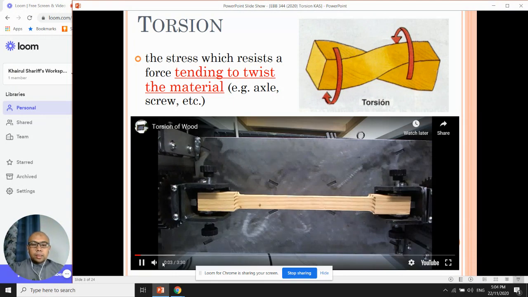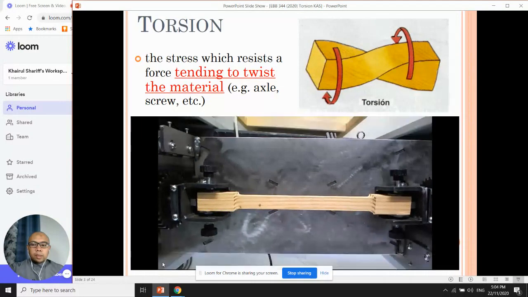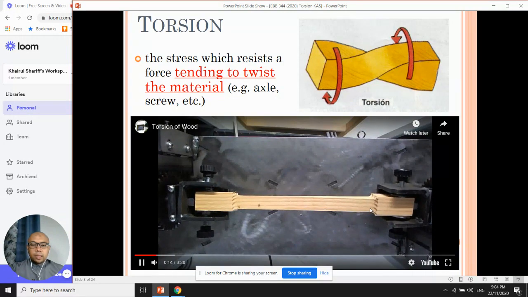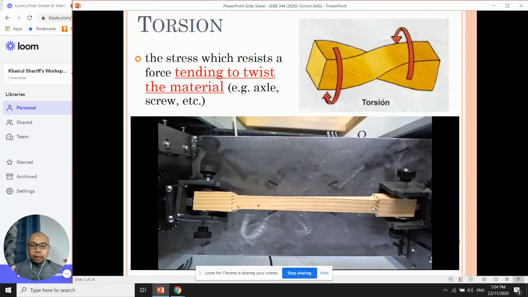As you can see here now, the load has been applied, and the edge of the sample has been clamped. And then the rotation load has been applied.